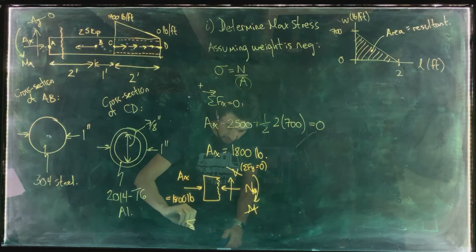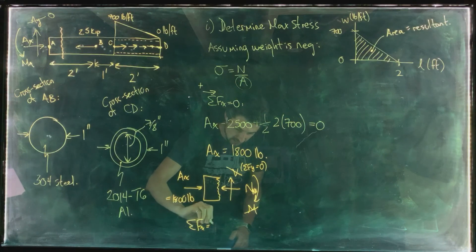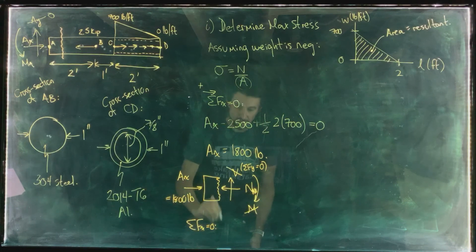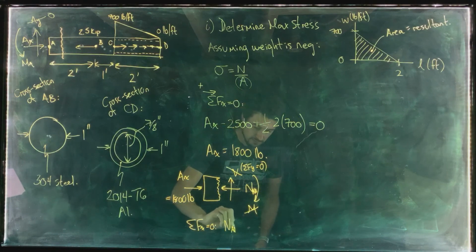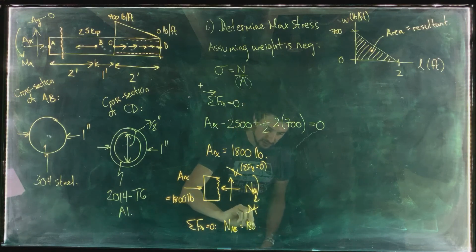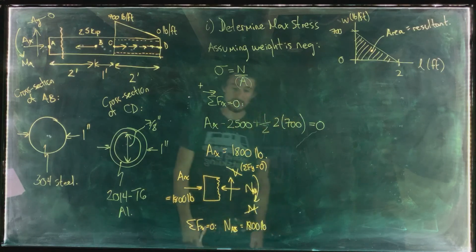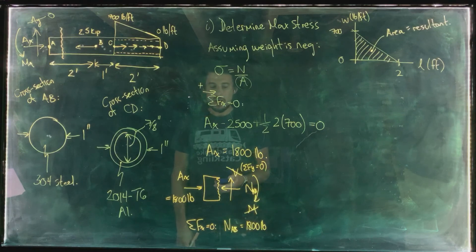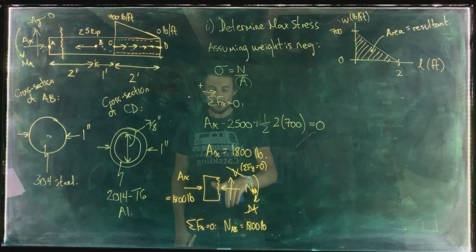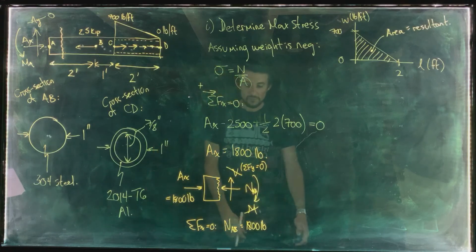So if we do sum of the forces in the x direction equals 0 here, that tells us that NAB equals 1,800 pounds there. Now the internal normal force NAB, that vector is pushing in on our cut section, so that is a compressive internal normal force, so it's going to lead to a compressive normal stress.